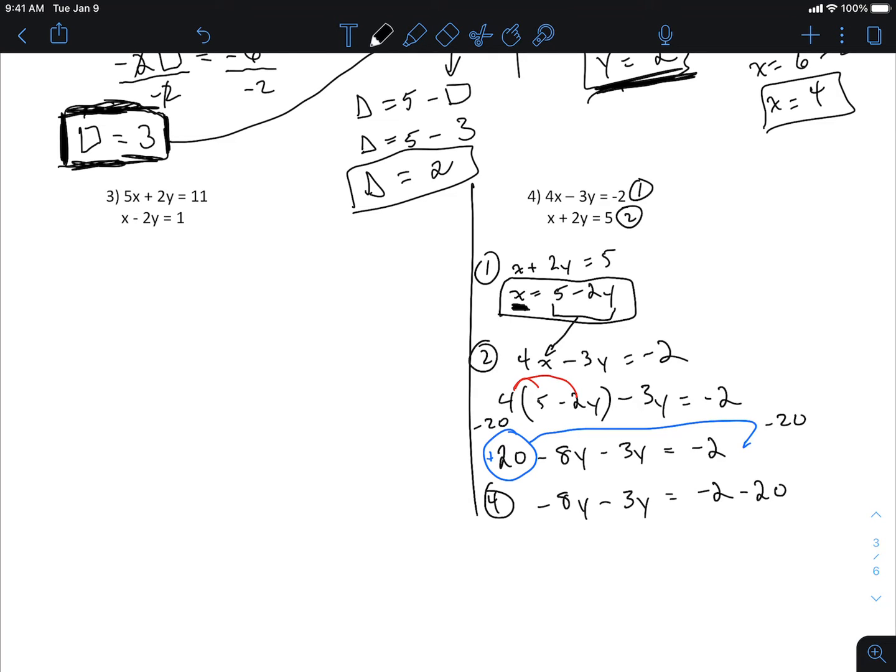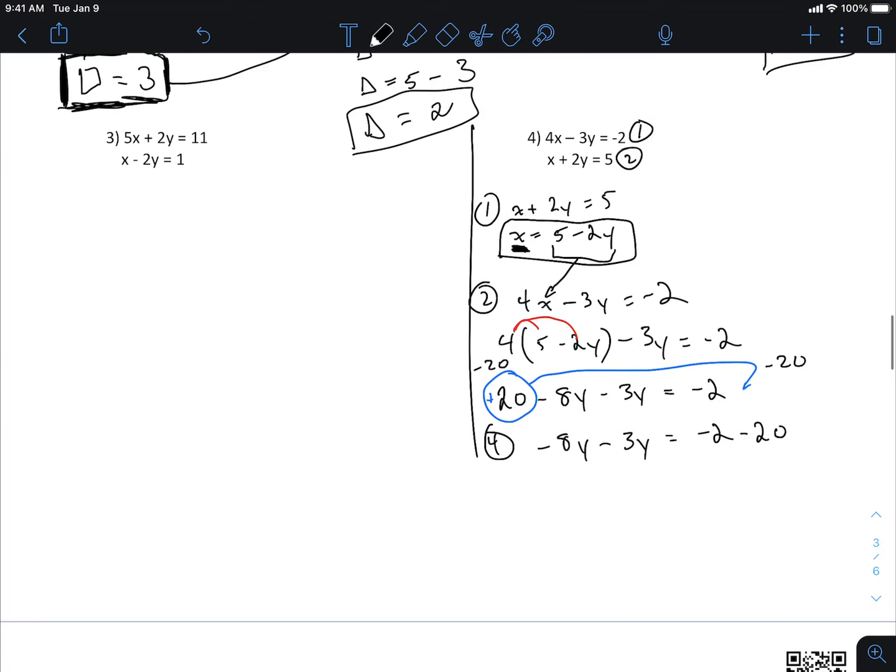Just solve. We've kind of collected the like terms, so you're just going to do the math on this now. Negative 8 minus 3 is going to be negative 11y has to equal negative 2 minus 20, which is negative 22.